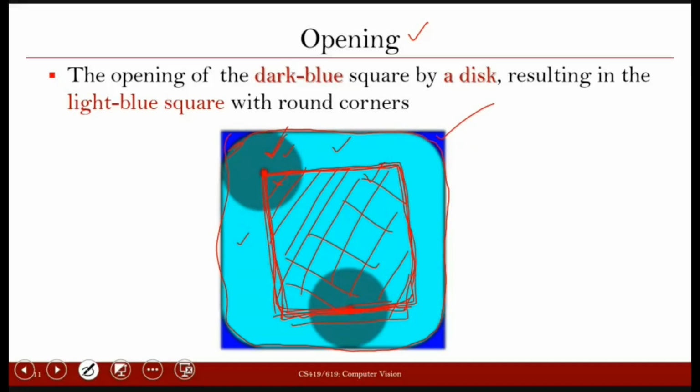Because of that, all these corners have been smoothed out. This was a sharp corner here, but you have a smooth corner here because of your structuring element. Similarly, you have a smooth corner here, and here, and so on.